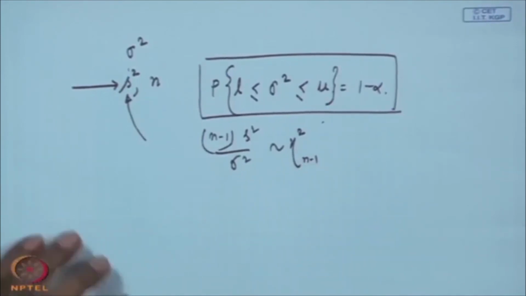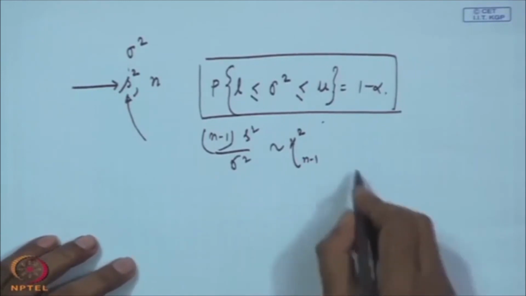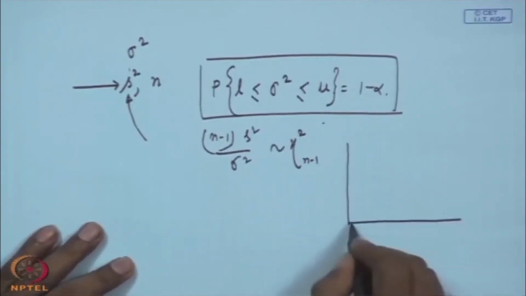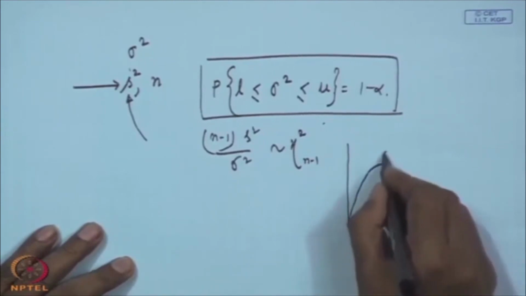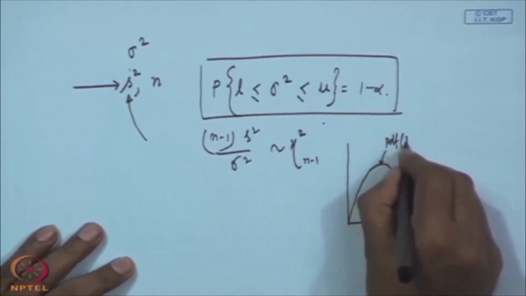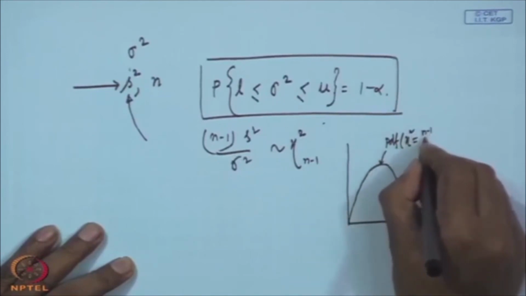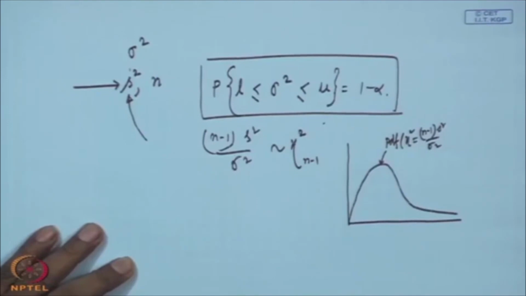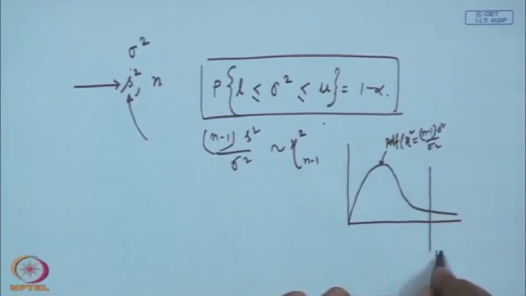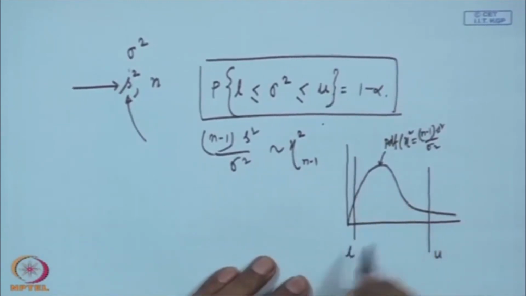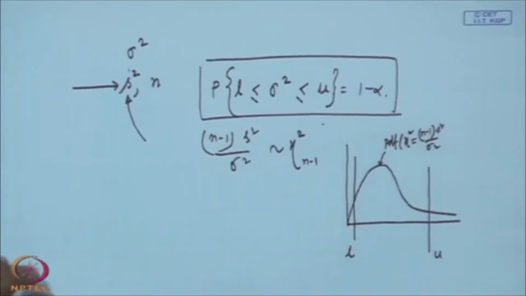You know the chi-square distribution, because we have seen that depending on the degrees of freedom, it will have a different shape. This is the chi-square distribution, and this one is the PDF of chi-square, which is basically in this case n minus 1 s square by sigma square. You want to find out the upper value, that is U, and a lower value, that is L, for n minus 1 s square by sigma square.